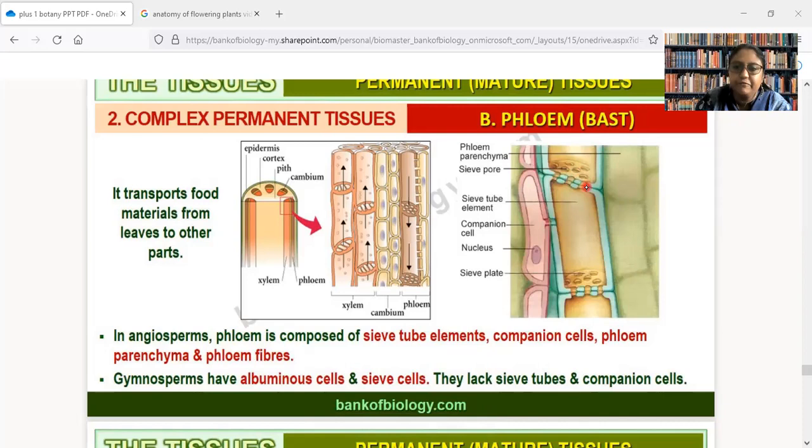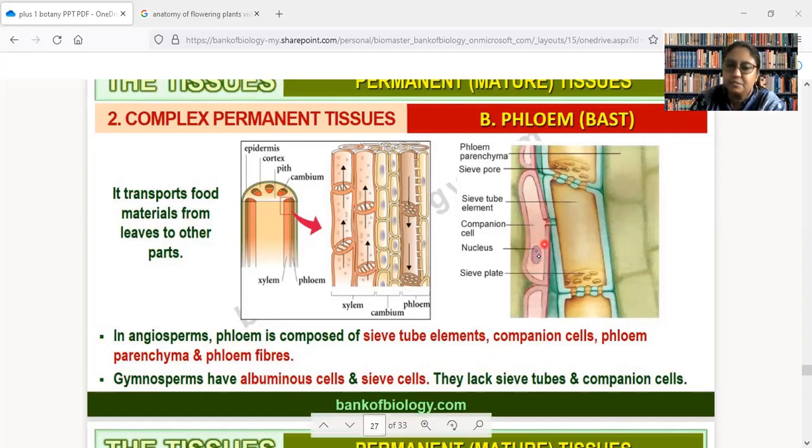Apart from the sieve tube element, there are cells which are called companion cells. Now they are best friends. Sieve tubes, when they get matured, lose their nucleus. You must have heard their name. I told you, in plants, the cell without nucleus is the sieve tube. So how do they manage transportation of food?